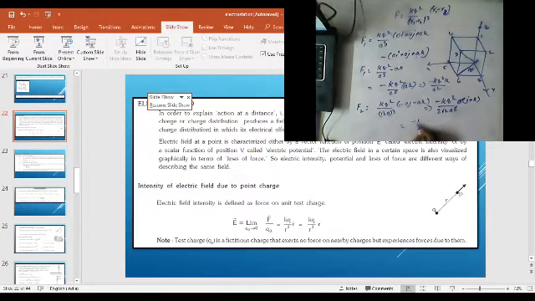Similarly for the third one, F3, the space may not be sufficient.